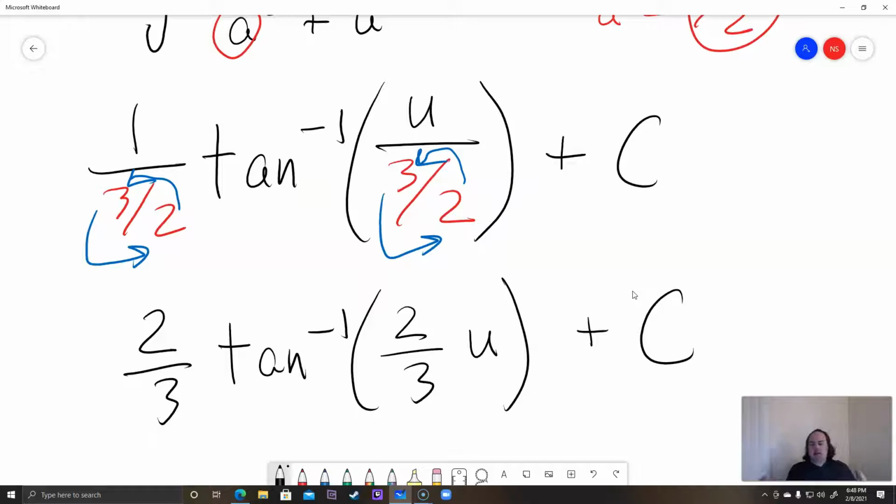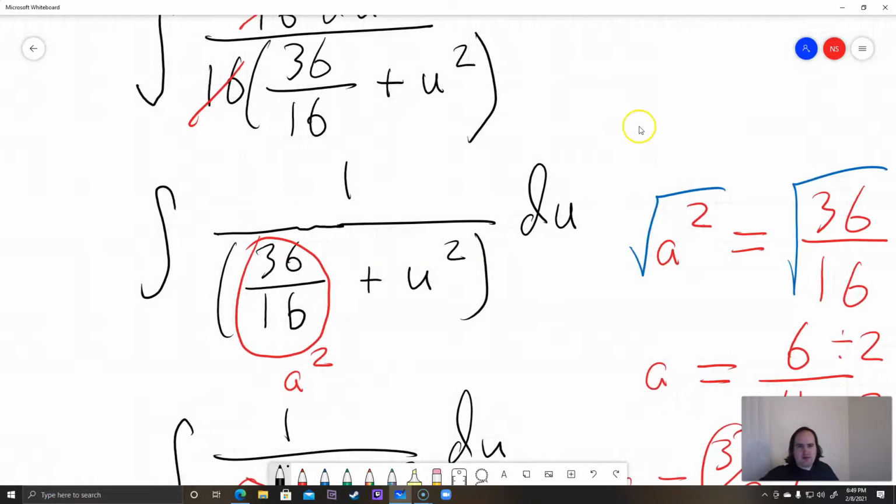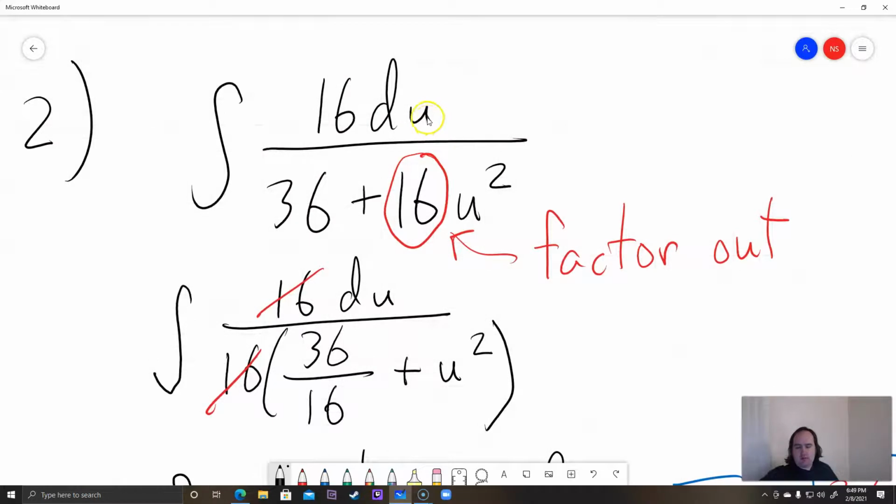And again, this is a strange problem because usually u is a dummy variable that you use in a u substitution or in one of the formulas. But in this particular problem, u is actually the original variable that we started with. Remember, we had a u squared down here and a du up there.